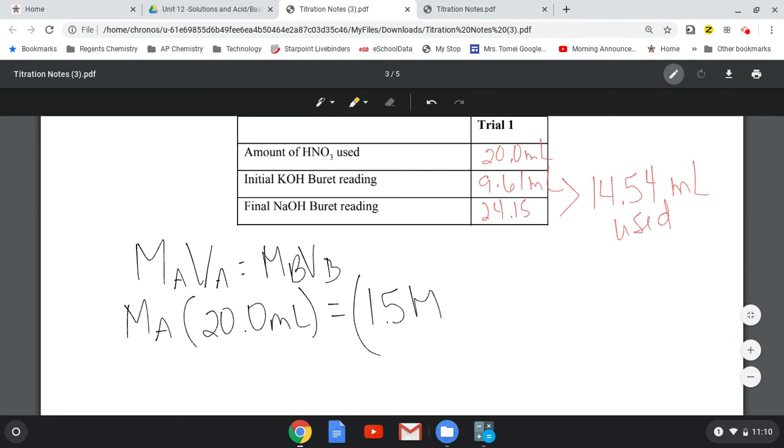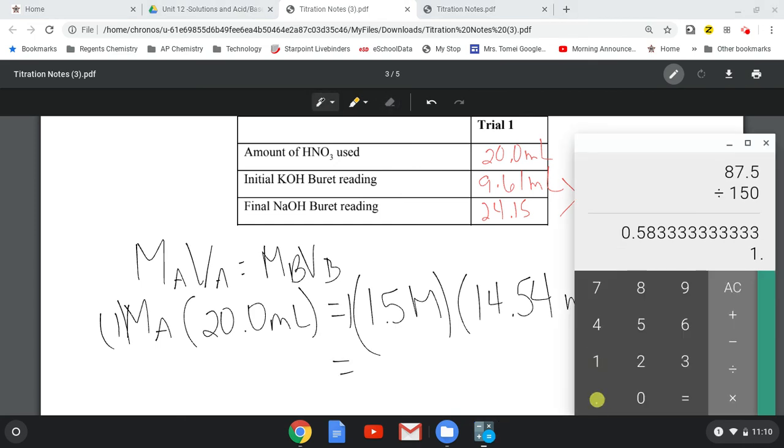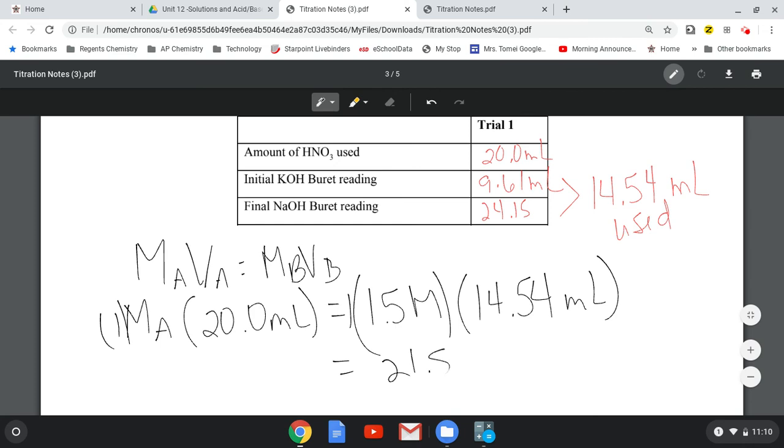And then the volume of the base is going to be 14.54 milliliters. And again, our n value is 1 for both of these, so it doesn't change anything numerically. So what we can do here is multiply everything on the right-hand side first. So we've got 1.5 times 14.54, which gives us 21.81.